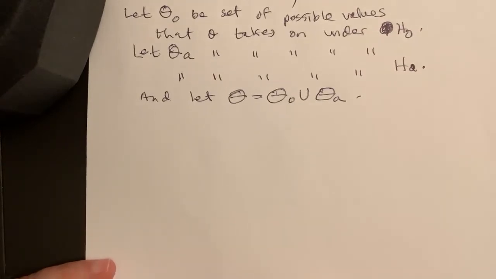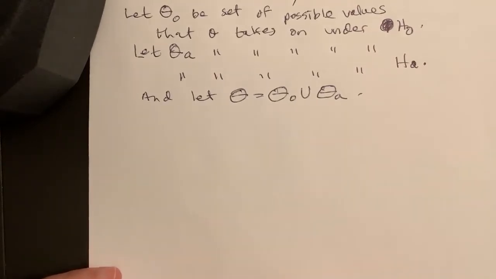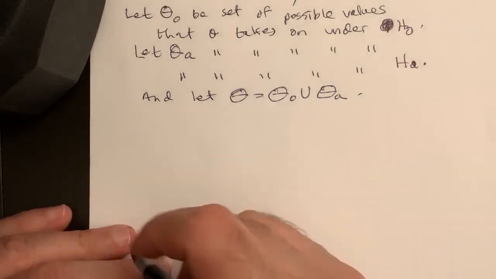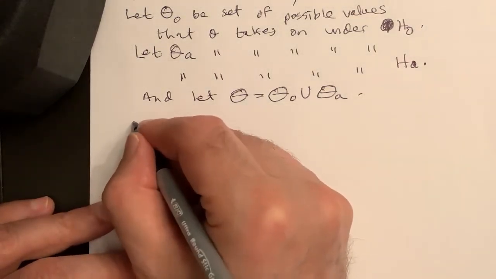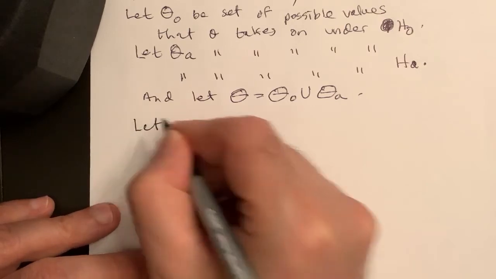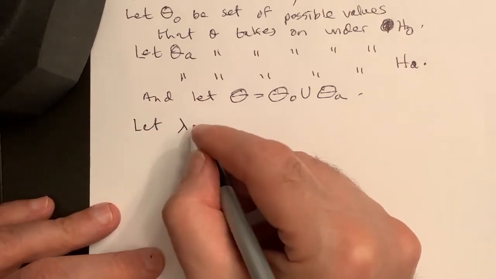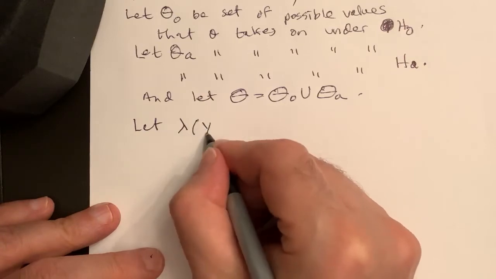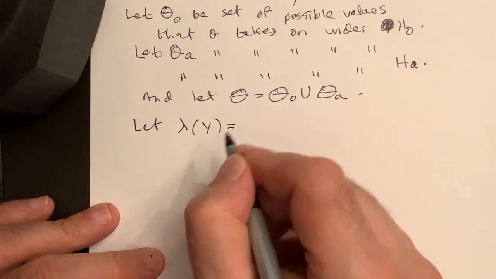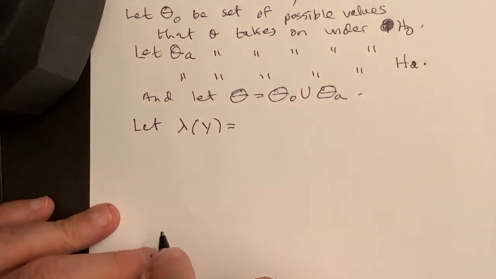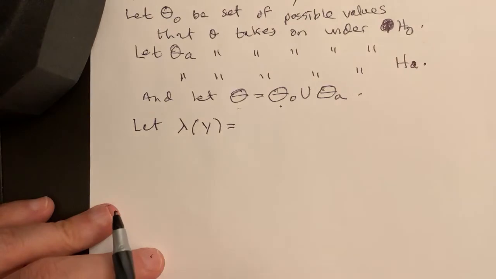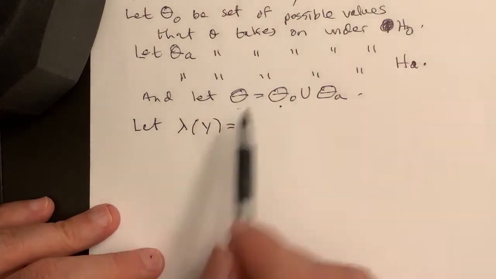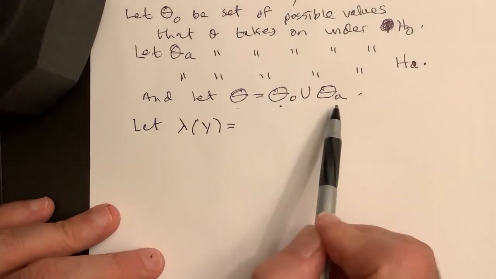Okay, then we define the likelihood ratio test statistic. We'll call it lambda of y, defined to be the ratio of the sup of the likelihoods when I'm in the null set, over the sup of the likelihoods when I'm in the unrestricted set, so when I include the alternative.